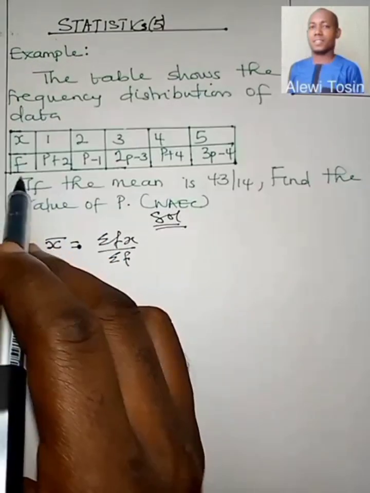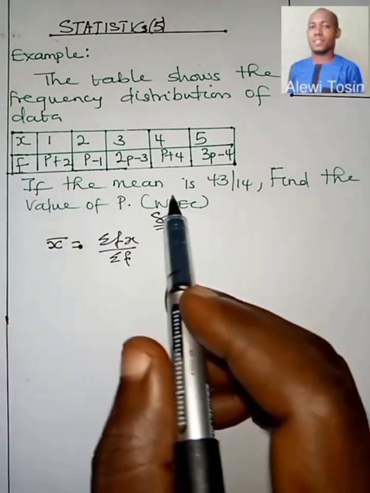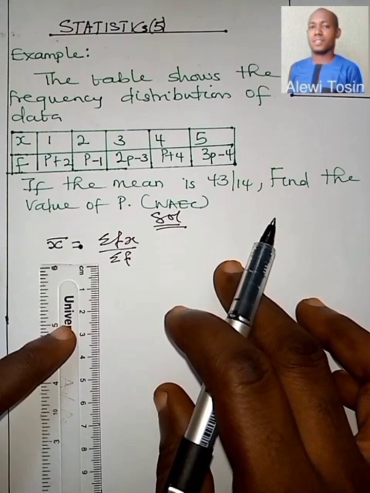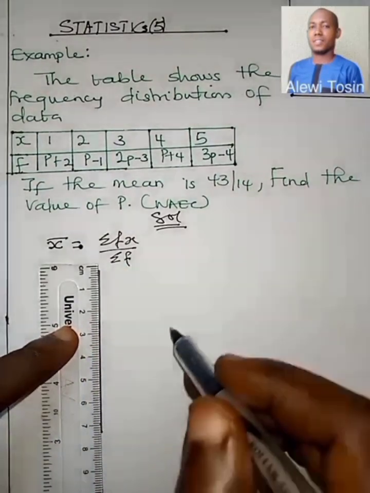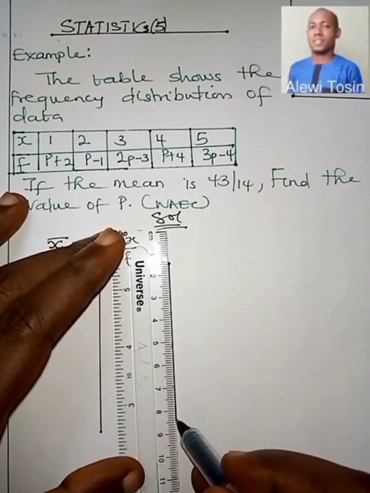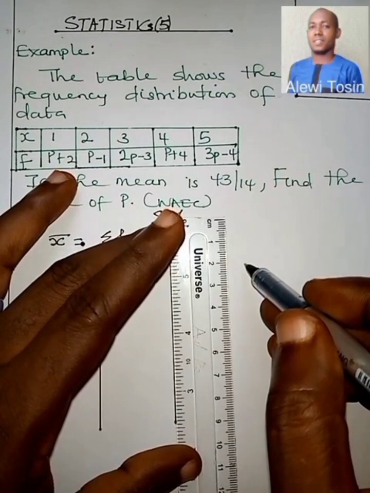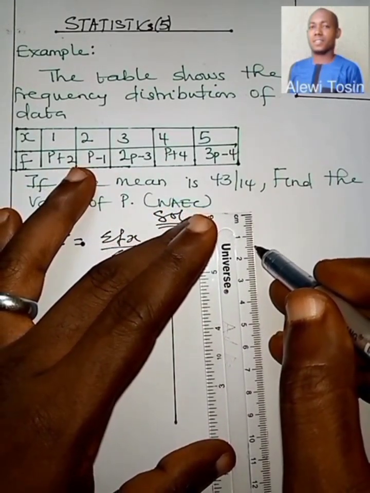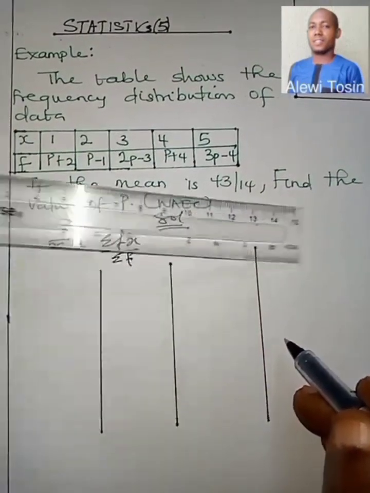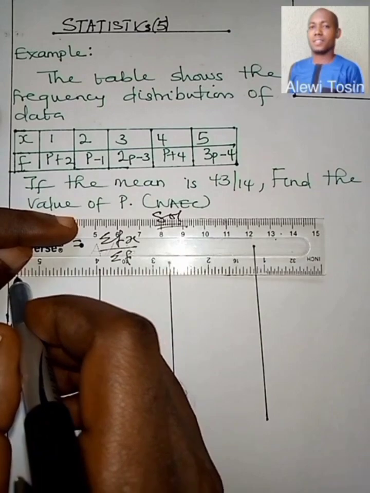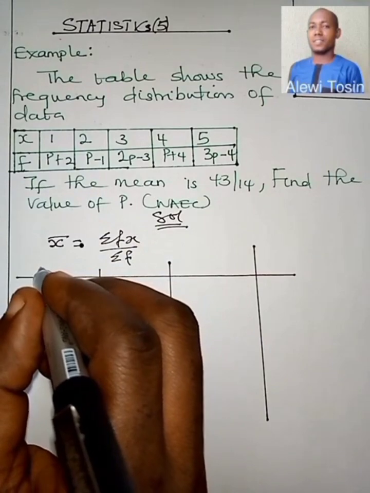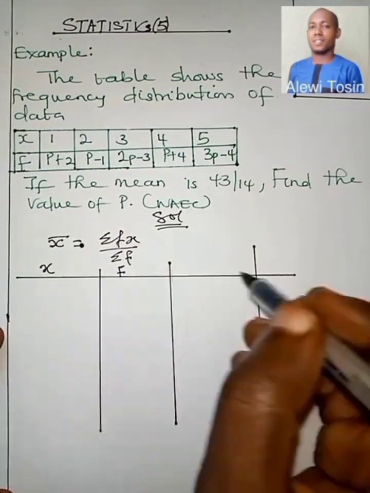So from this table, what we need to do is to have a table where we have our f, our x, and also our fx.